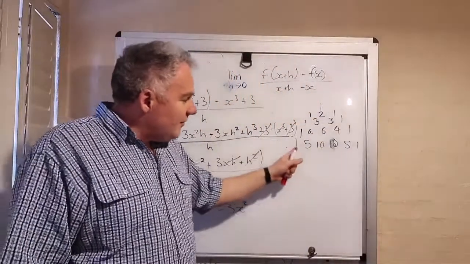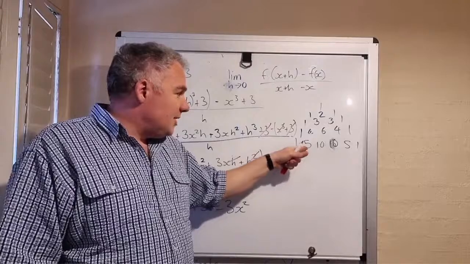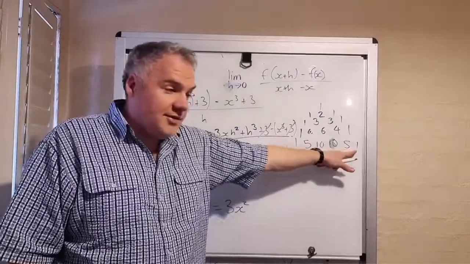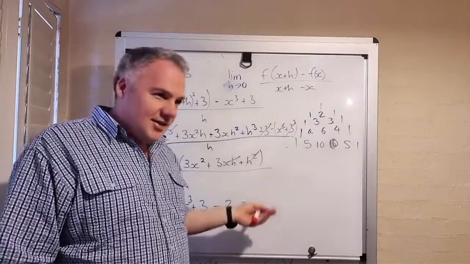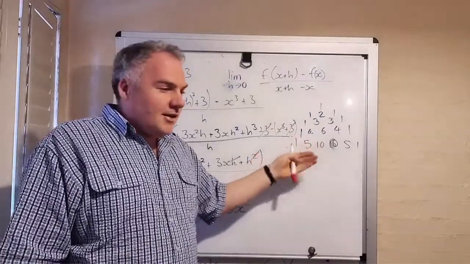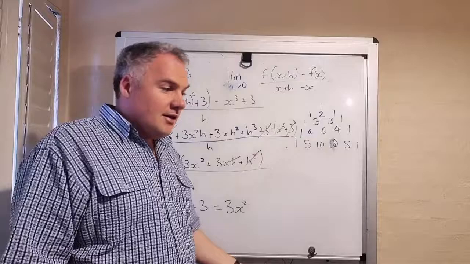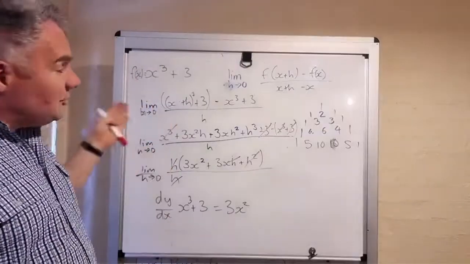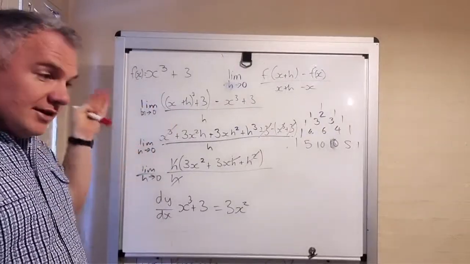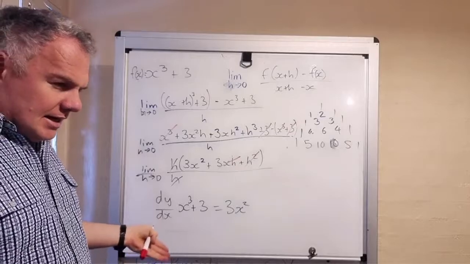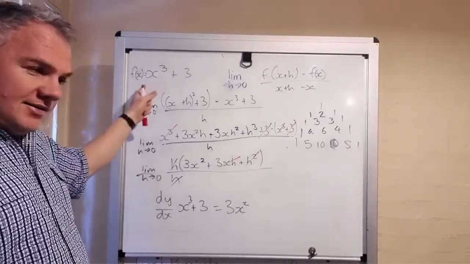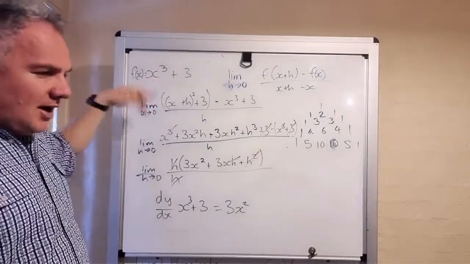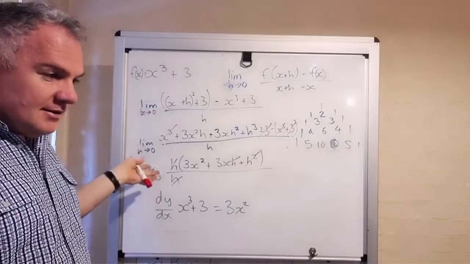So with the power of 5, you've already got 1, 2, 3, 4, 5, 6 terms, and you can see that the calculation is a lot of writing for not much extra complexity. So with first principles and proving it this way, the biggest job you'll get is probably x to the 3. Like we do 1, 2, and 3 with that.